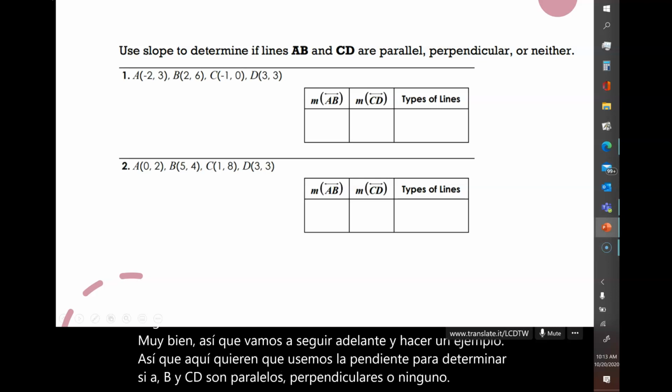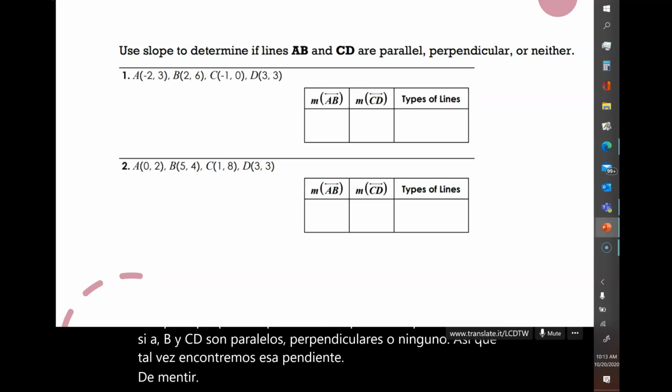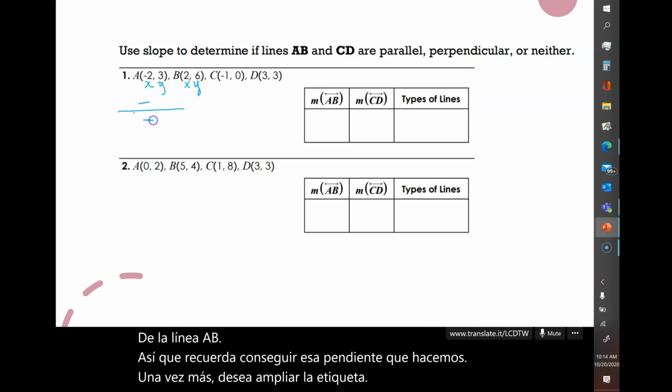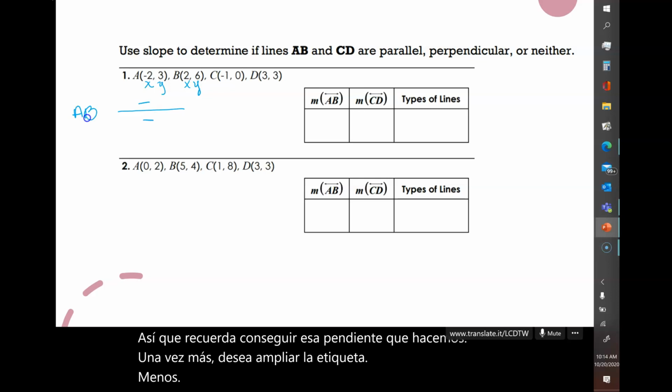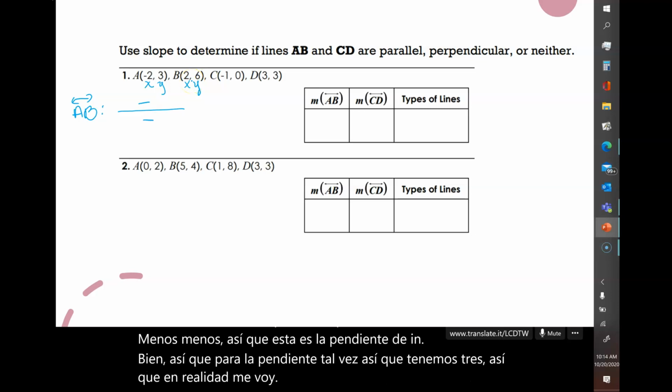So let's find the slope of line AB. So remember, to get the slope, again, you want to go ahead and label. Minus, minus. So this is the slope of AB. So I'm actually going to put 6 in the front.